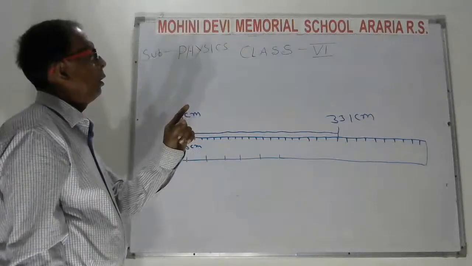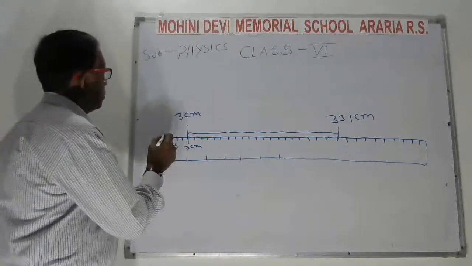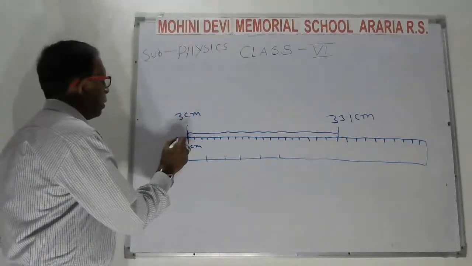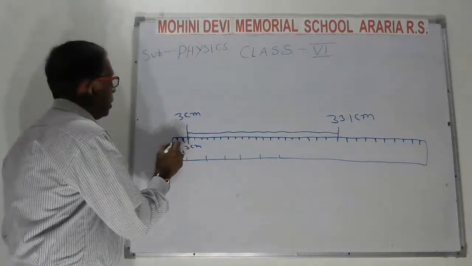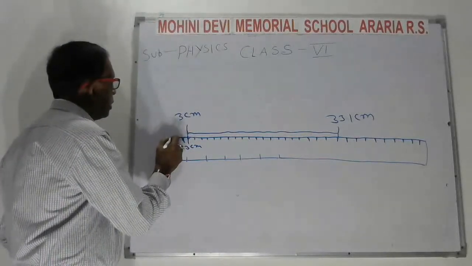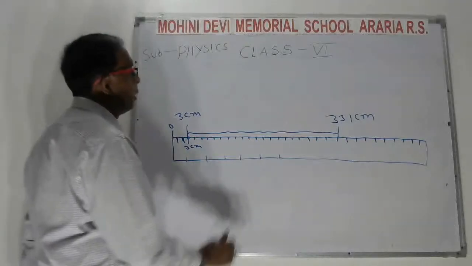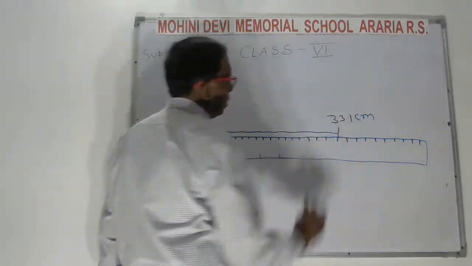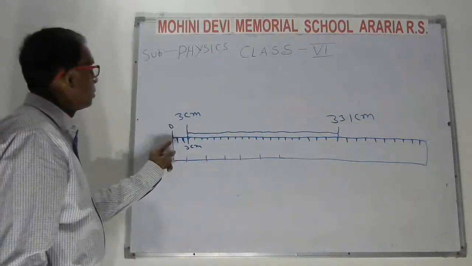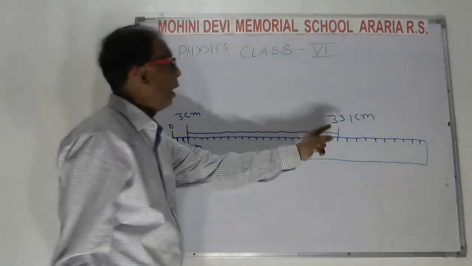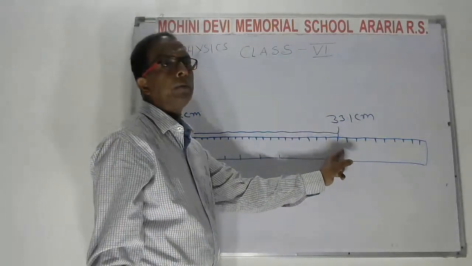The thread is not starting from 0. It means it starts at 3 and ends at 33.1. It means the 3 divisions are extra in this reading.